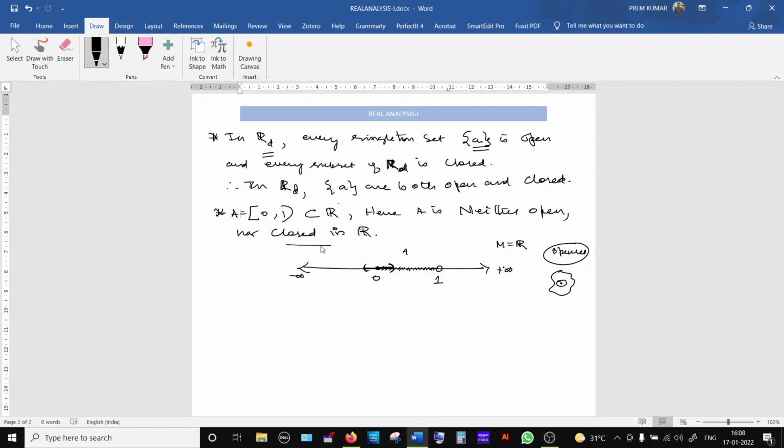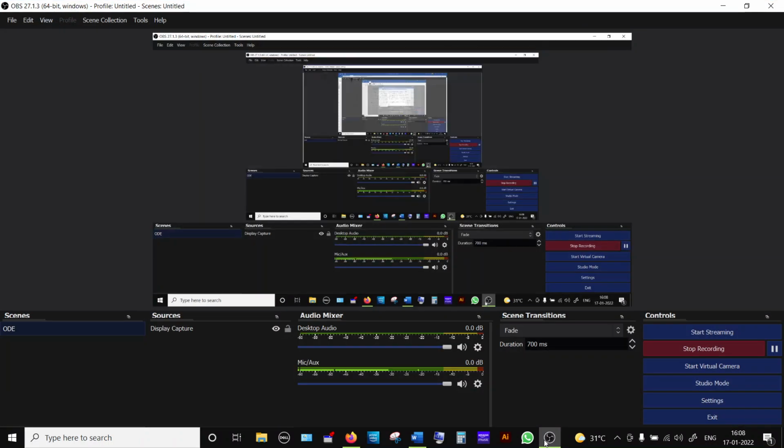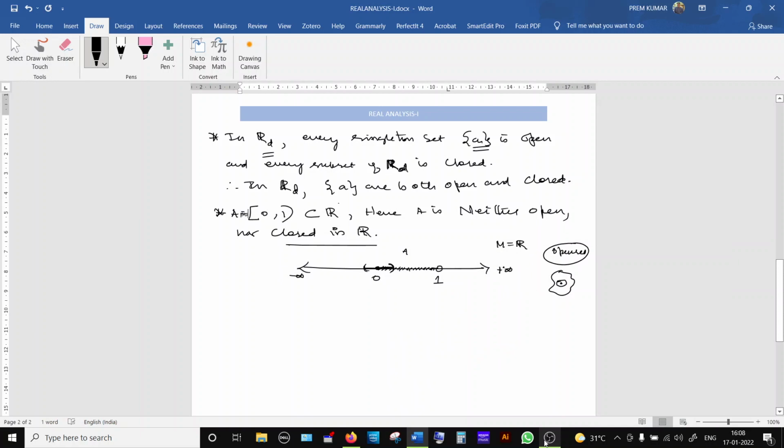So now why is it not closed? Because we take one sequence in this, which comes very close to 1.